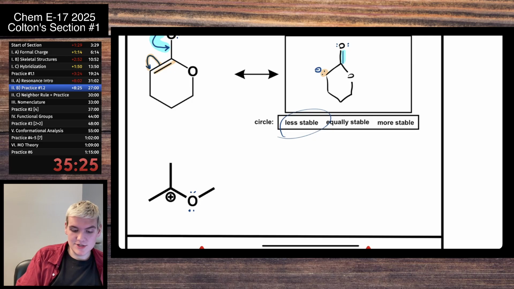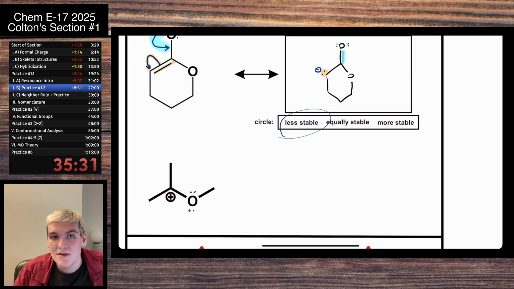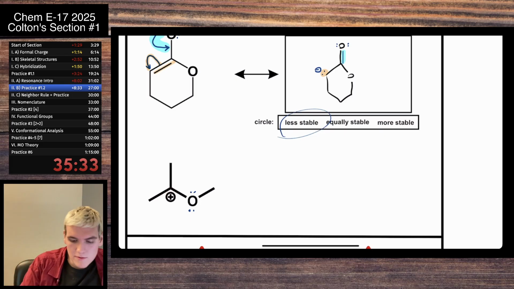The positive charge says, hey, we need to put electrons in here somewhere to get rid of a positive charge. So our only candidate is the lone pair on the oxygen next door. So when we draw a resonance structure, we are going to draw an arrow from the lone pair to this bond. And now we are going to have a double bond there.